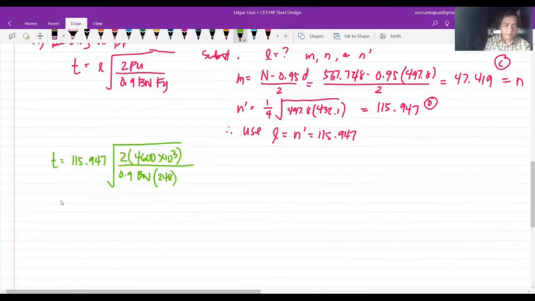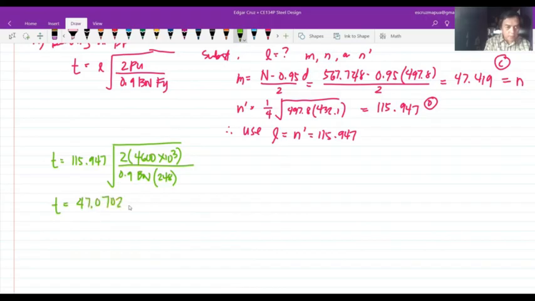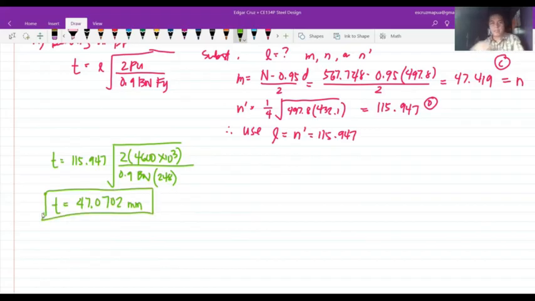Ayan. So from there, using our calculator, 115.947 times square root of 2 times 46 divided by 0.9 divided by B. Okay, so the answer is 47.0702 millimeters. So ito yung pinaka-eksaktong thickness for us to make the most economical design.